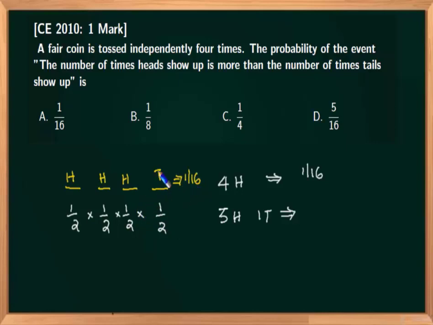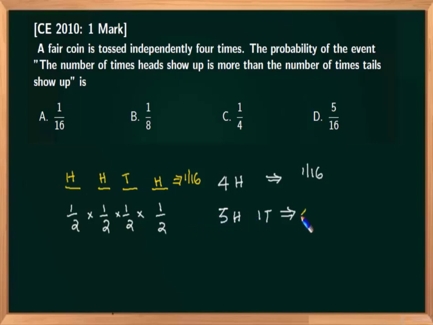But I am not limited to just this one particular option. Here I have got 1 tail and 3 heads. But I can very well consider a different option like having a tail here and a head here, which means that this is also a valid option because I've got 3 heads and a single tail. So I can have 4 such options where I have 3 heads and 1 tail.